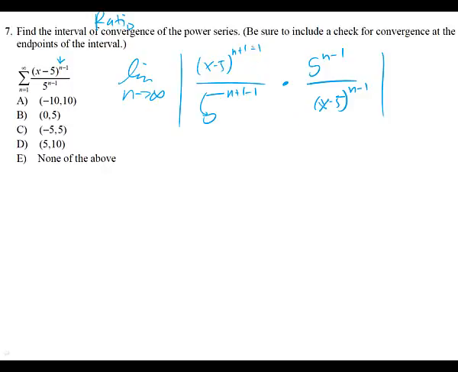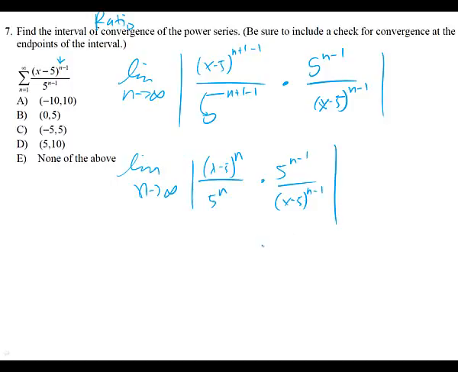Okay, so what's going to happen to the 1 minus 1s? They're going to cancel. So I've got the limit as n approaches infinity of x minus 5 to the n over 5 to the n times 5 to the n minus 1 over x minus 5 to the n minus 1.